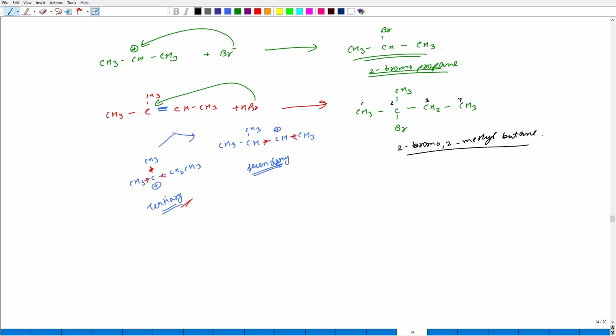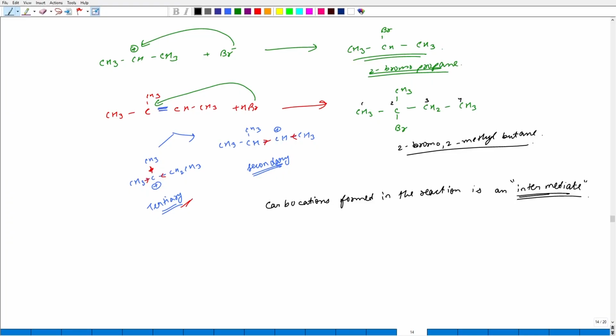These carbocations formed in the reaction are intermediates. What is an intermediate? If a reaction is taking place, before the formation of the product a moiety is formed which we can separate, and that species is called the intermediate. In this case, the intermediate is the carbocation.